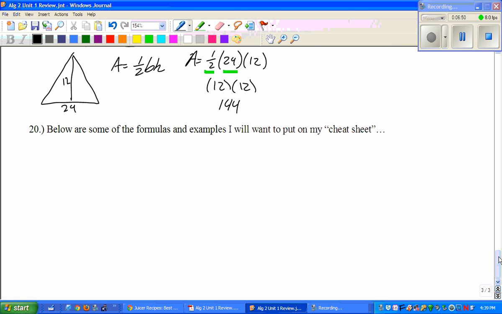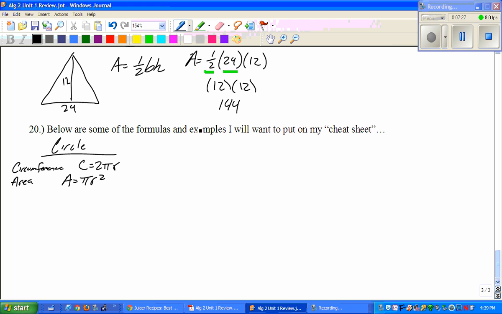Now 20 is something that you need to fill out for yourself from different formulas that we've talked about. But I'm kind of a nice guy, so we'll go through some. For a circle, circumference formula is C equals 2 pi r. Area of a circle, area equals pi times radius squared.